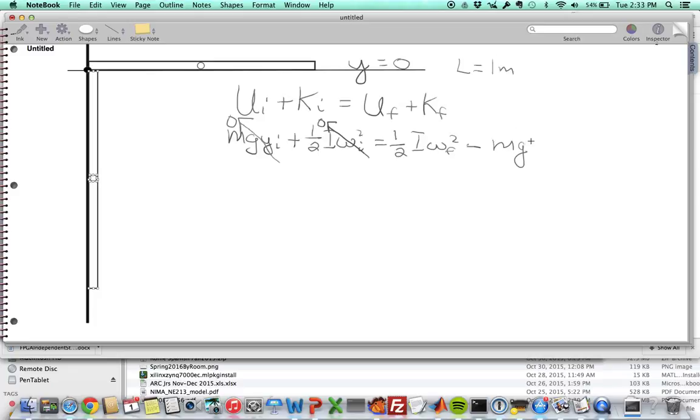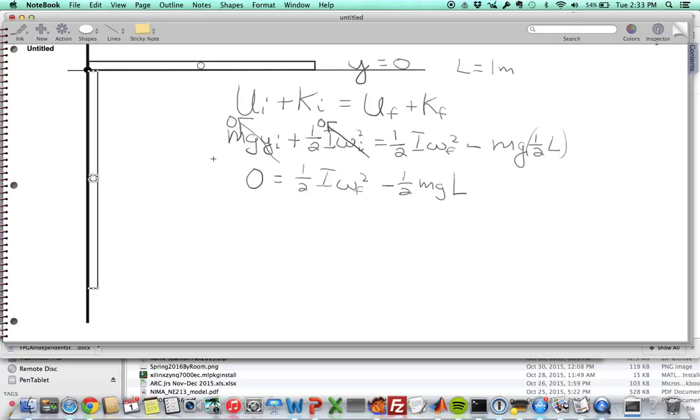So this is going to be 1/2 L, because the center of mass is located at half of the length of the object. So I have here now 0 is equal to 1/2 I omega squared minus 1/2 mgL.